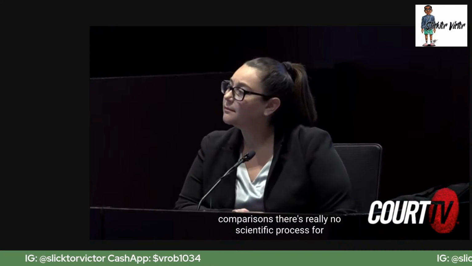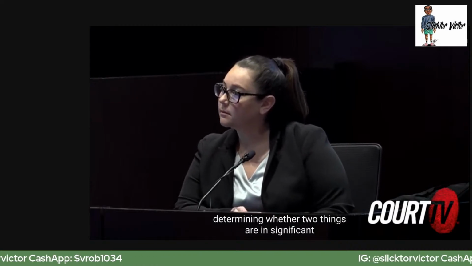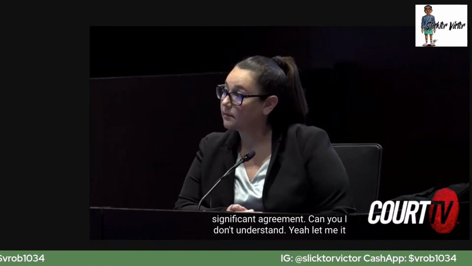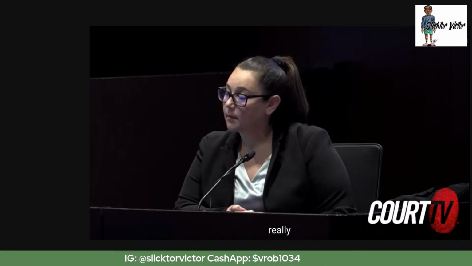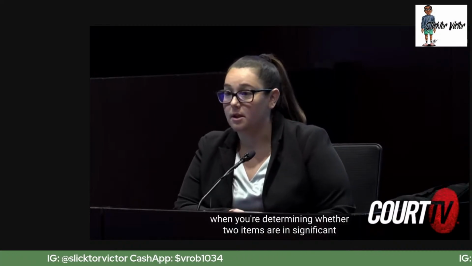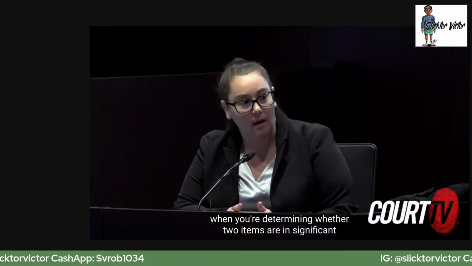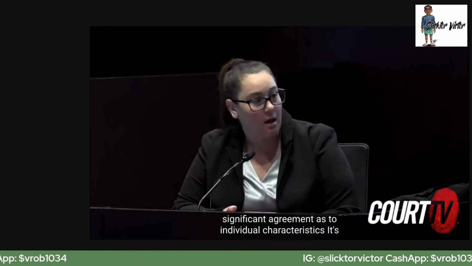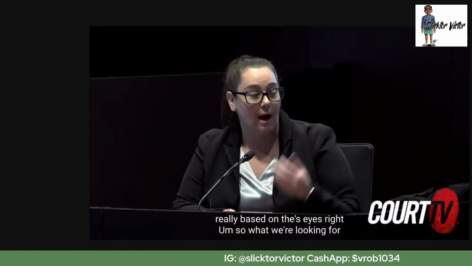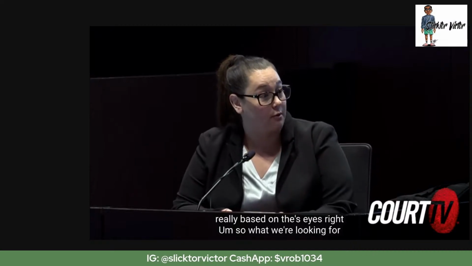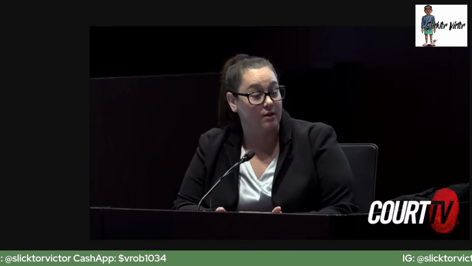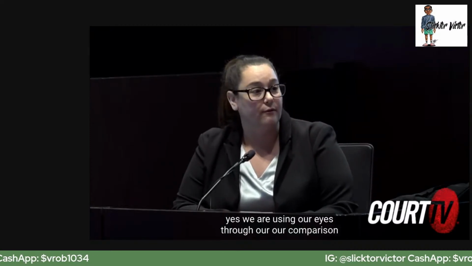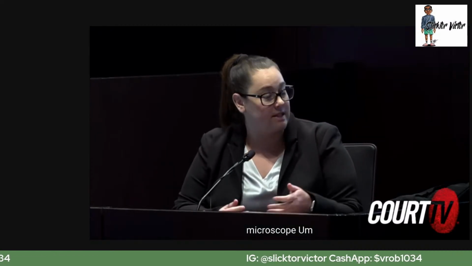Really, when you're determining whether two items are in significant agreement as to individual characteristics, it's really based on the examiner's eyes, right? So what we're looking for is the overall pattern agreement of the detail present. So yes, we are using our eyes through our comparison microscope that allows us to see two items at the same time under the same magnification. And we're looking for this agreement of the detail.